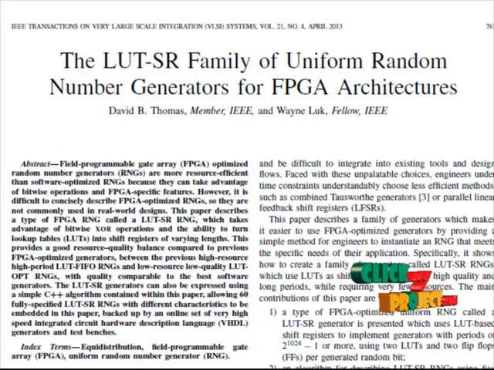The shift registers come in different sizes to generate random numbers over long periods of time. Here, the feedback bits are loaded into different-sized shift registers to provide long-term random number generation.